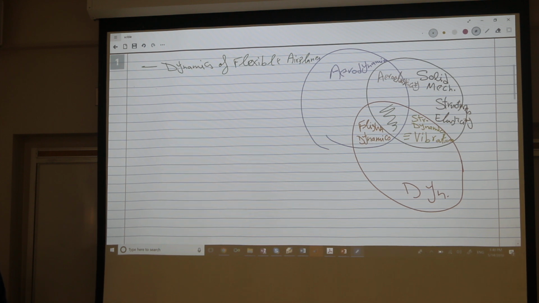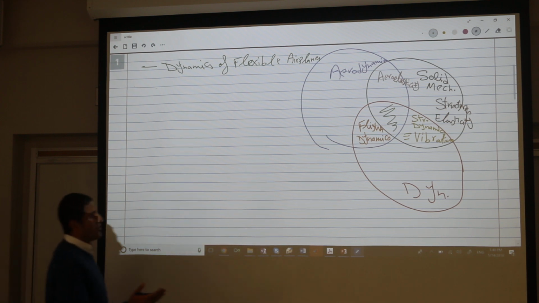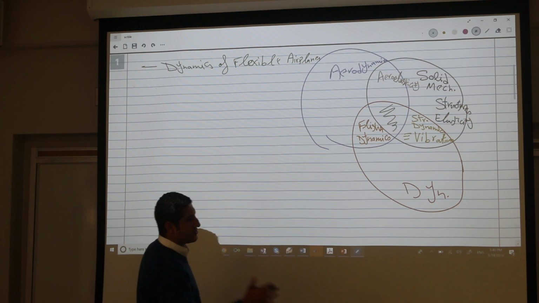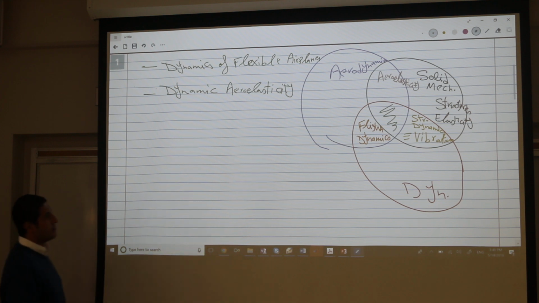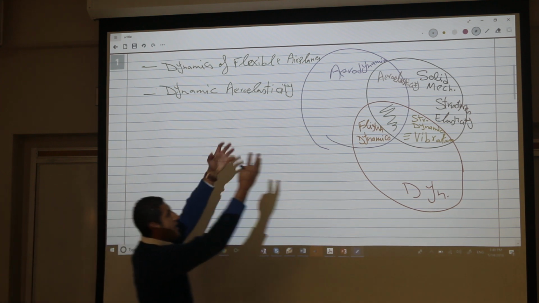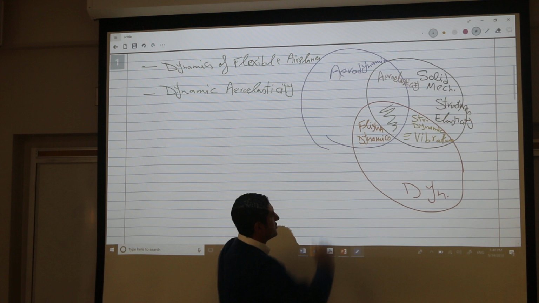Which is very interesting. You can say flight dynamics, but it doesn't matter. If you're concerned with just a flying wing, not the whole airplane, sometimes we call it dynamic aeroelasticity. It is the branch of aeroelasticity which is very, very interesting. There are some new phenomena that emerge due to the interaction between the aerodynamic loads and structures.